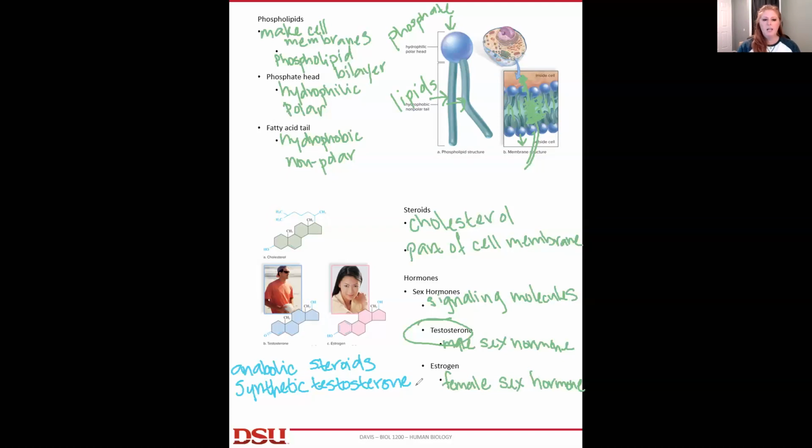The problem with anabolic steroids, since they're not real, is they really throw off the balance in the body. So let's say that a male is producing a normal amount of testosterone, but he wants to be more athletically inclined, or he wants to bulk up so that he performs better athletically. So he starts taking synthetic testosterone. The body recognizes that there's been an increase in testosterone in the system, and so it's like, whoa, this is way too much here.